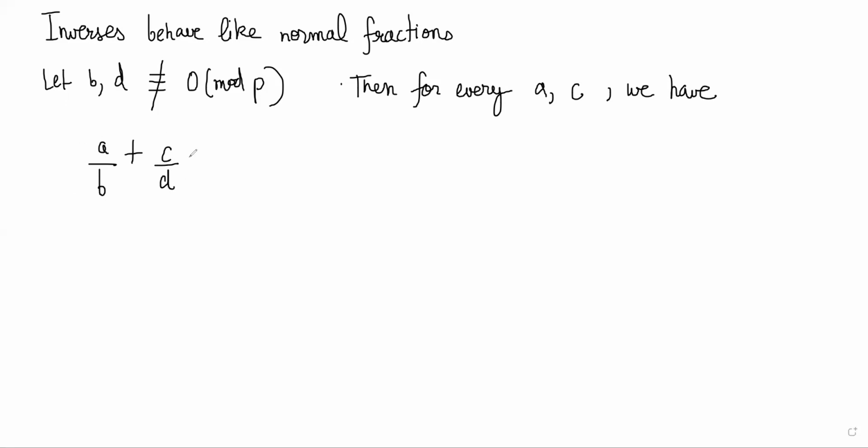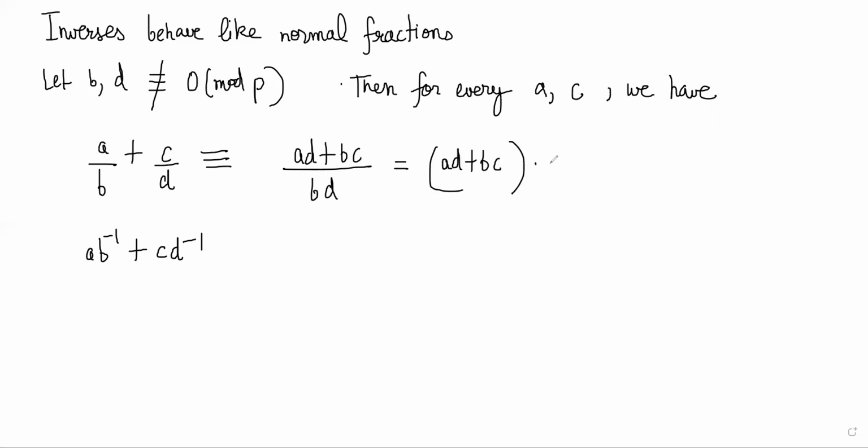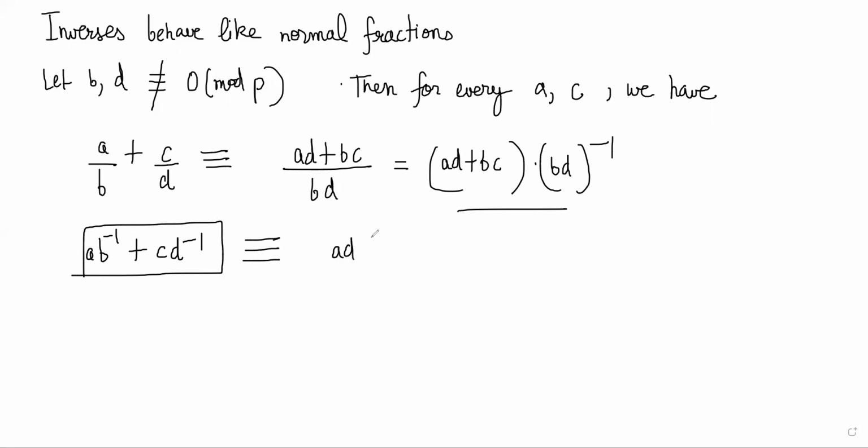Right now we are writing it as fractions, but what we actually mean is a b inverse plus c d inverse. That will be equal to the way we add fractions: ad plus bc by bd, which is actually b inverse times d inverse. So ab inverse plus cd inverse is equal to ad plus bc multiplied by bd inverse.